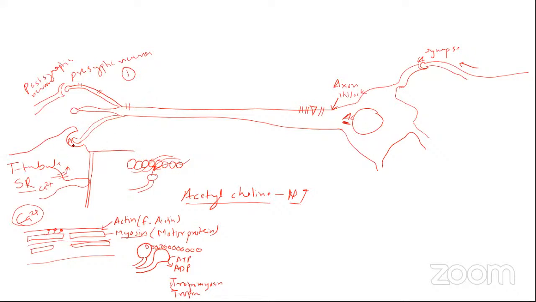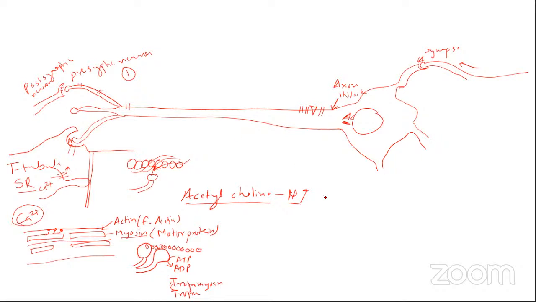So that is happening in response to acetylcholine, right? So acetylcholine must be doing something here so that the sarcoplasmic reticular membrane understands that it should release calcium ions. And what it is doing is binding to certain receptors which are very similar to the receptors present in the postsynaptic neuronal membrane.